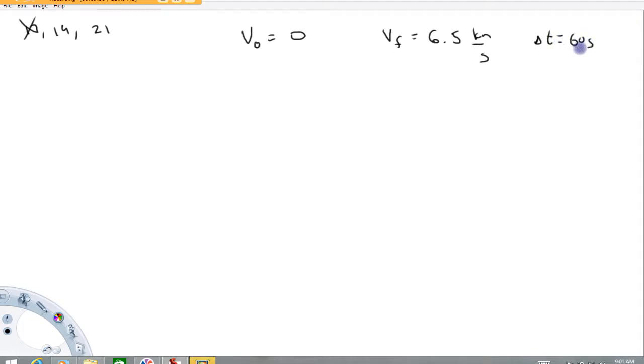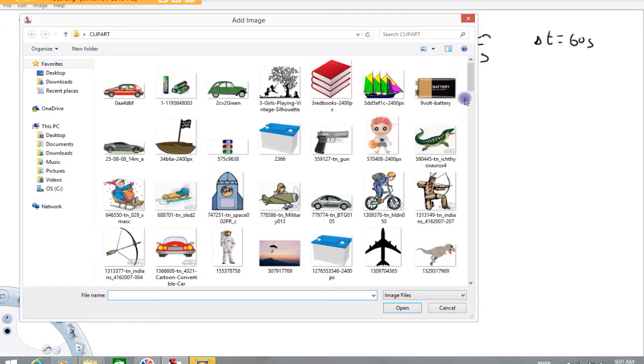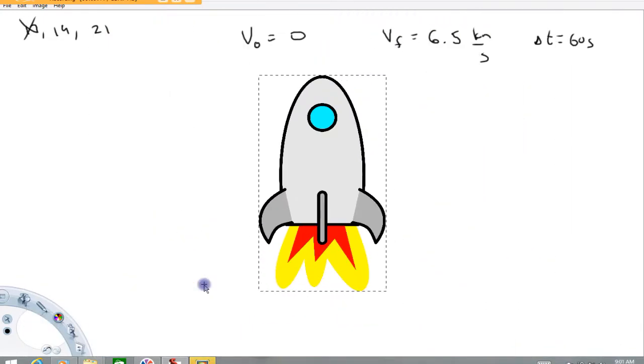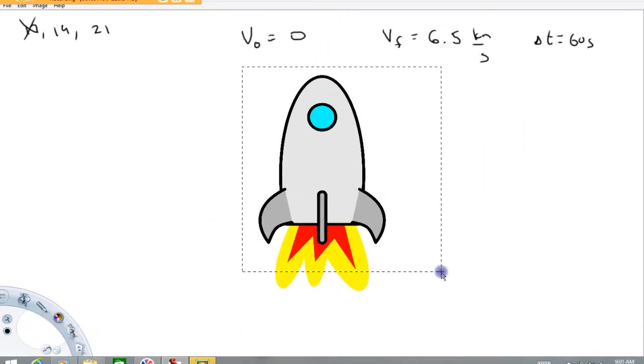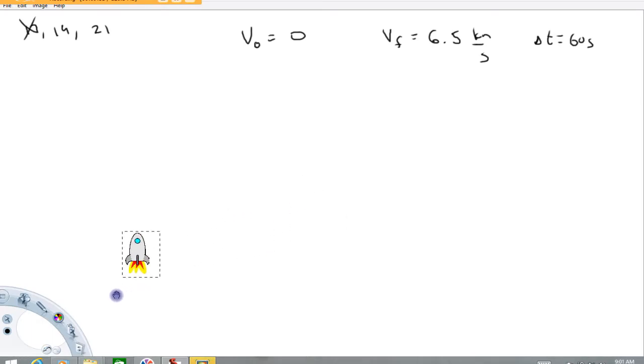All right, so I'm going to go ahead and get my rocket back here. Shrink it down smaller than that. You should always start these problems with some sort of picture that describes the problem. So here we have a rocket, starts presumably from the ground. All right. Motion diagram, another good thing to put in the problem.